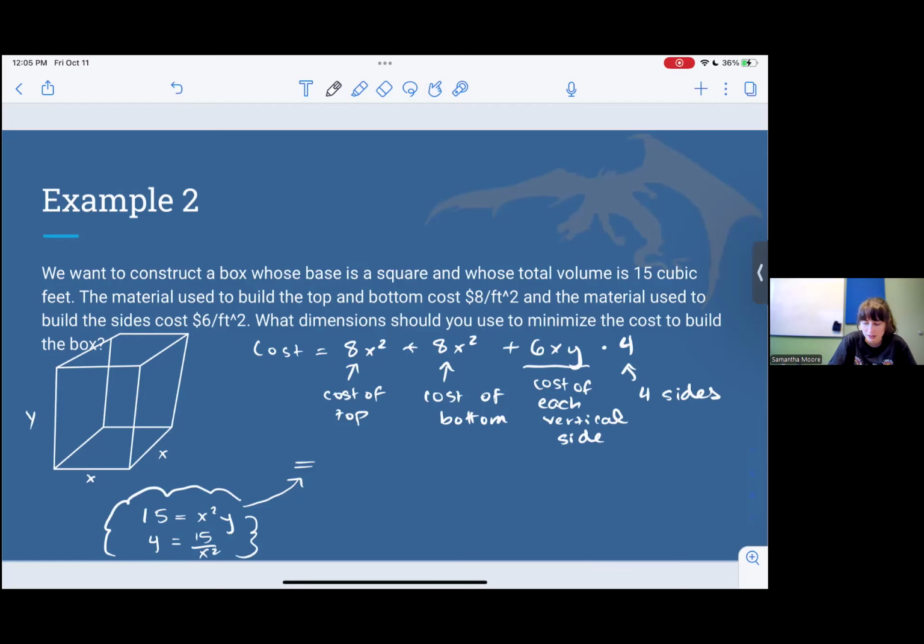Now we can plug that into our cost equation. We had 16x squared plus 24xy, and now I know that y is 15 over x squared. So really, my cost equation based on a base length of x is going to be 16x squared plus 24 times 15, which is 360, over x.